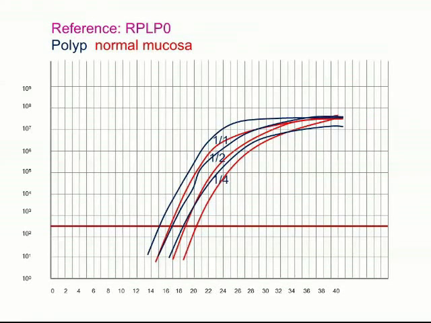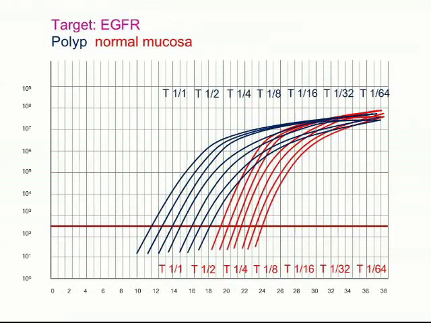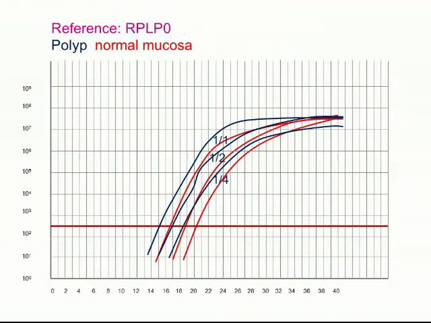Now we merge them, normal and polyp. Comparison of the reference gene RPLPO expression levels in polyps and normal mucosa is seen here.